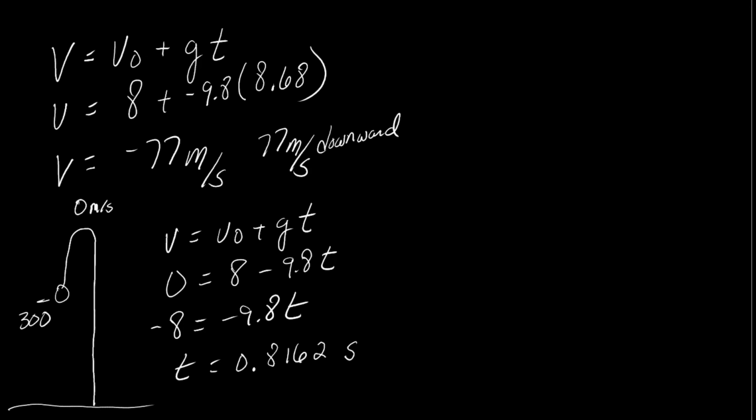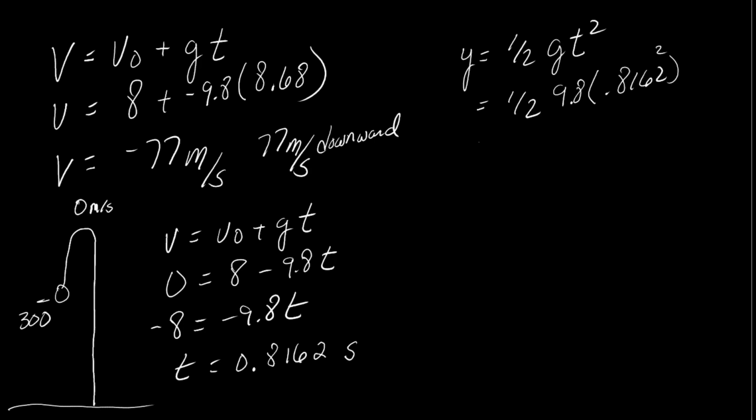Okay, so let's find out how far it travels in this amount of time. So y is equal to 1/2 gt squared. So it's going to be 1/2 times 9.8 times 0.8162 squared. Okay, so this is going to equal 3.265 meters.